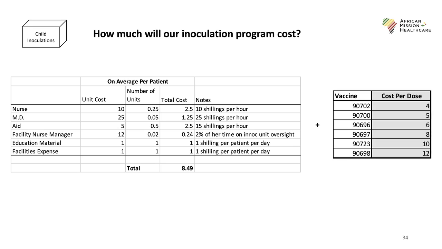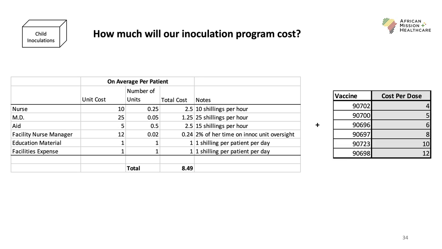So in this case, I just use 2% of the total time in any given hour that the nurse manager is spending at the clinic, and saying that that's allocated to the inoculation program. The most important thing is that in all the costs, the facility nurse manager's actual costs are covered by all the individual procedures, just to make sure that her time or his time is fully accounted for.